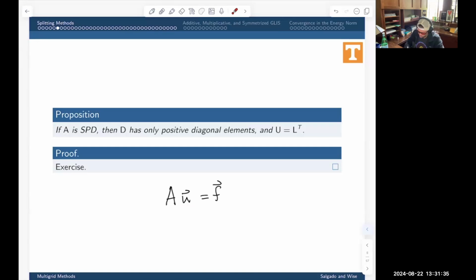In a lot of cases this coefficient matrix A is symmetric, positive, definite. In some cases, we'll look at matrices that are strictly diagonally dominant, or maybe just symmetric and invertible. But in any case, symmetric positive definite is a very important class of matrices for us.